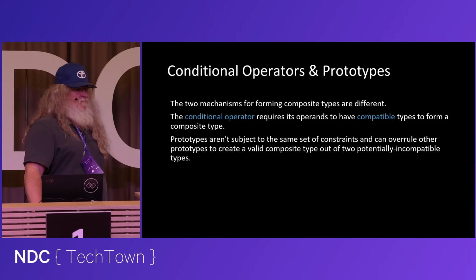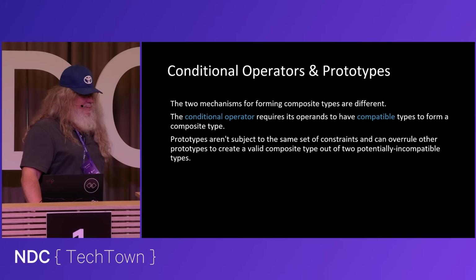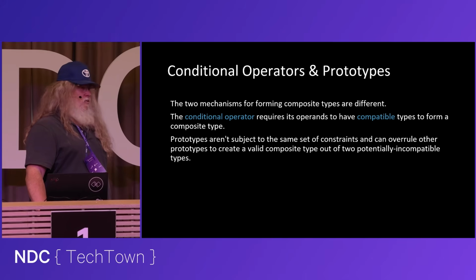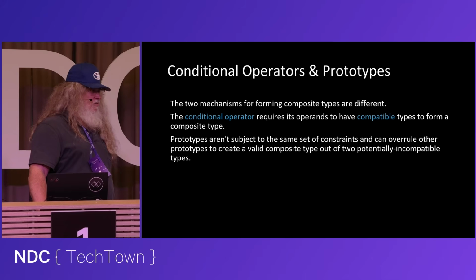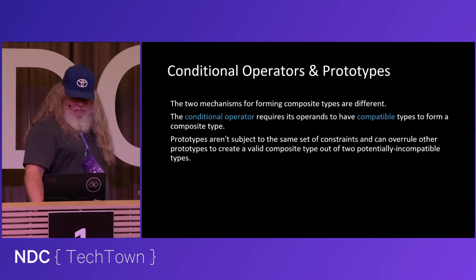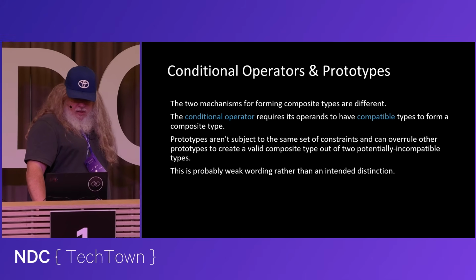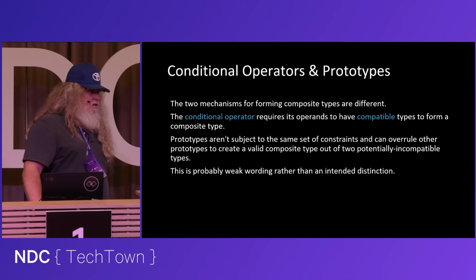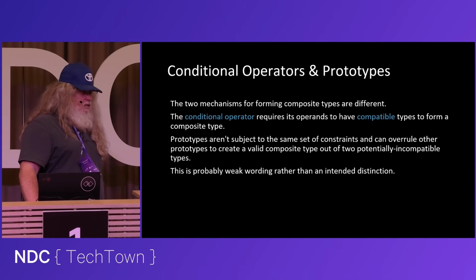They go that extra mile to say, normally these would be incompatible, but we're going to pretend they're the same. This is viewed as probably more of a defect in the standard than anything else.